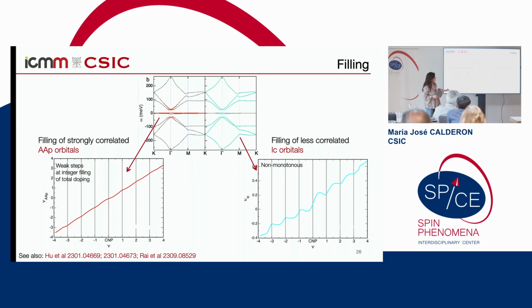It's just increasing slowly. The other orbitals are having something that has this periodicity as a function of the filling. This is happening because when you get closer to integer fillings, there is more filling of these orbitals than of these ones, because most of the charge is going obviously to the more correlated orbitals that are dominating the flat bands. The less correlated orbitals only appear because they have weight at gamma.